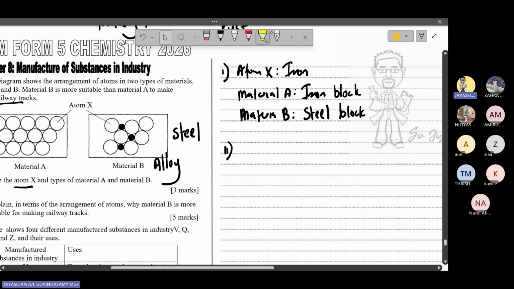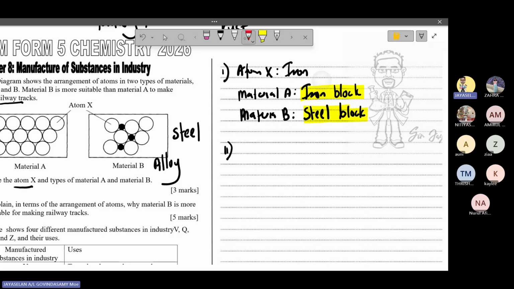You already gave the example, right? In your explanation, use the actual example, steel block. Because you already gave material B is steel block, right? So first point, you guys put what? Steel is more [harder] than iron. Ini satu markah.